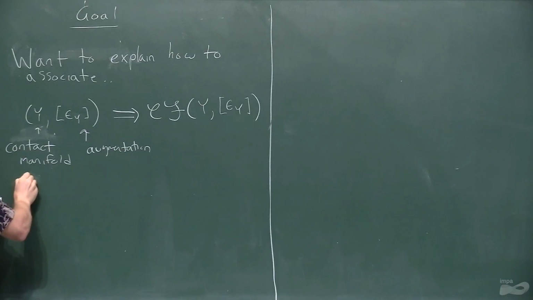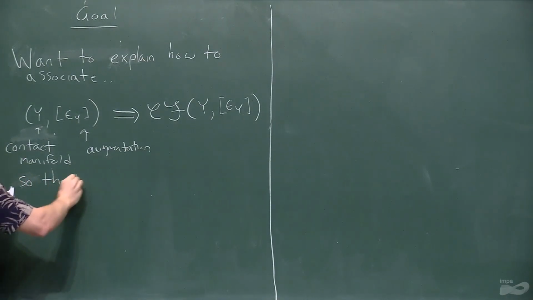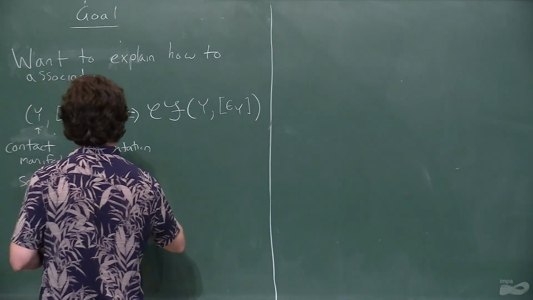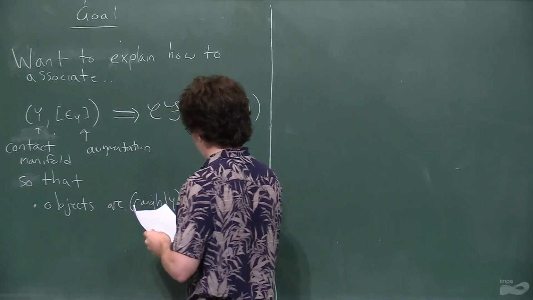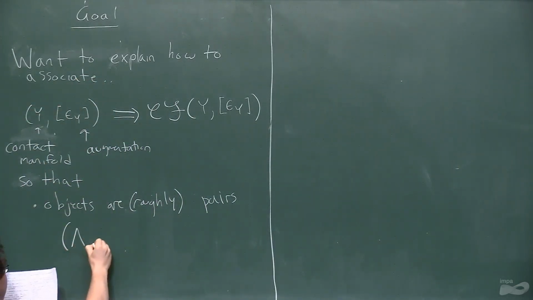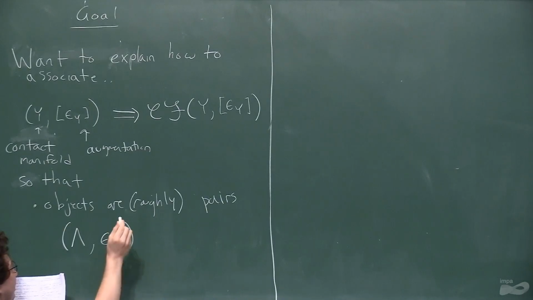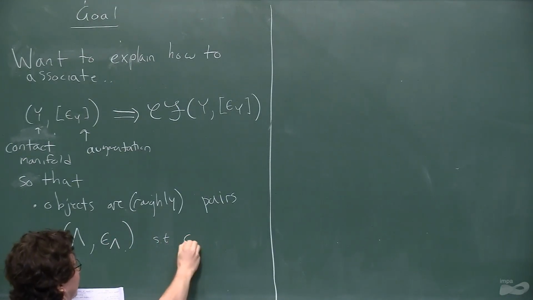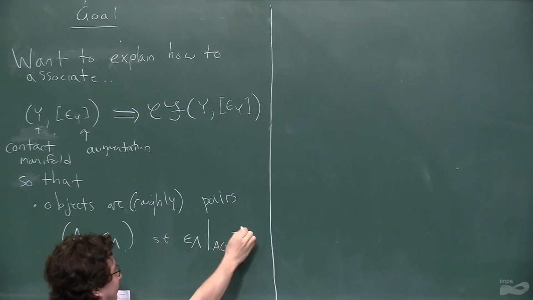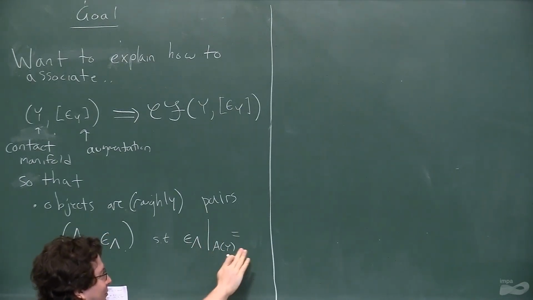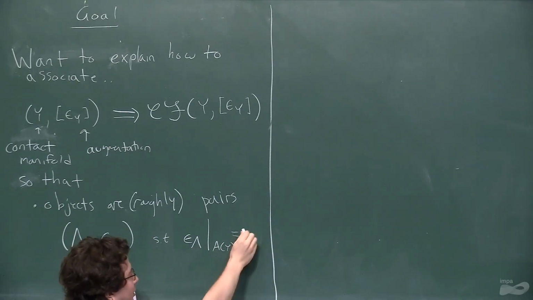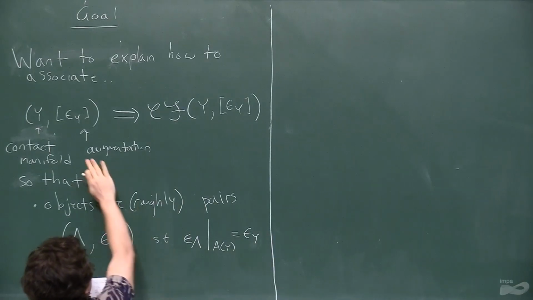Roughly speaking, the category is going to be the following kind of thing. The objects are roughly pairs of a Legendrian and an augmentation on that Legendrian, subject to the condition that the restriction of this augmentation to the orbit subalgebra of the Legendrian DGA, and I'll digest this later and repeat this condition, restricts on the orbit part of the contact DGA to the augmentation that you fixed for the contact manifold.